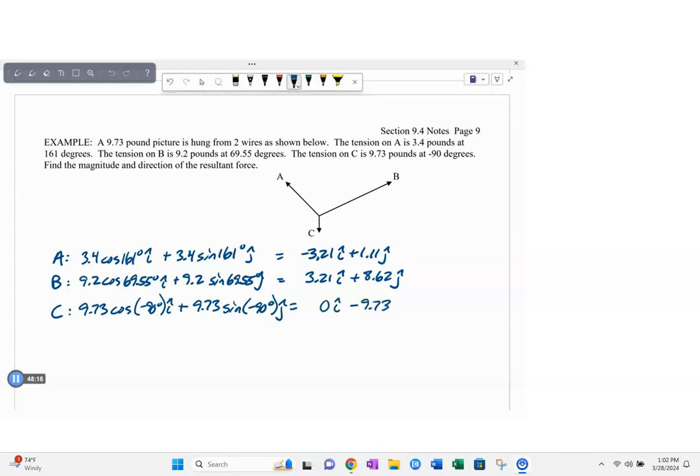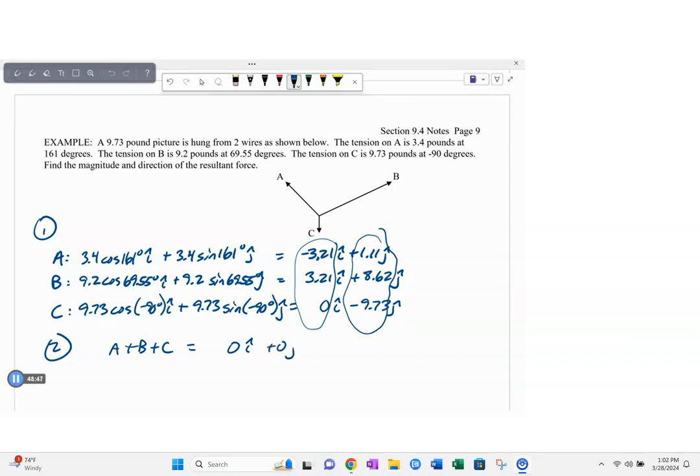Here's step 1. Step 2, find the direction of the resultant force. Well, if we add A, B, and C, all these together, negative 3.21 plus 3.21 plus 0, we get 0 as the horizontal component, and then 1.11 plus 8.62, that's 9.73 minus 9.73. Guess what? 0 j.